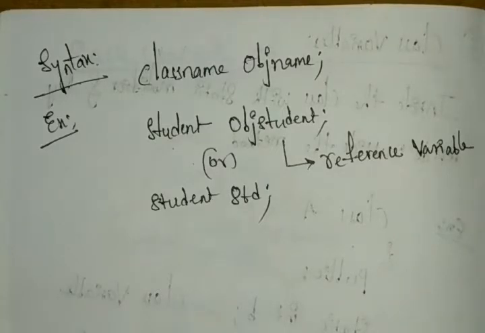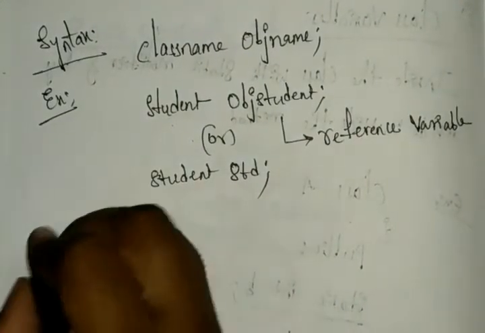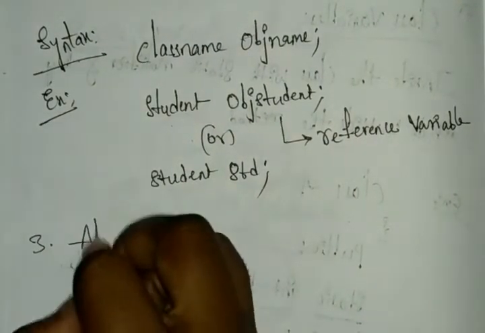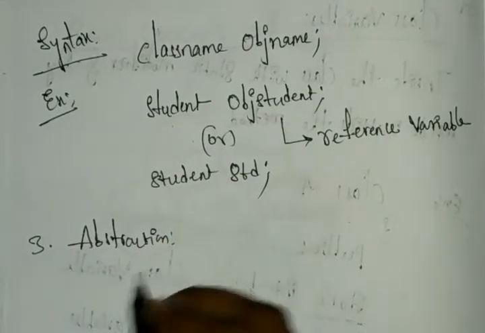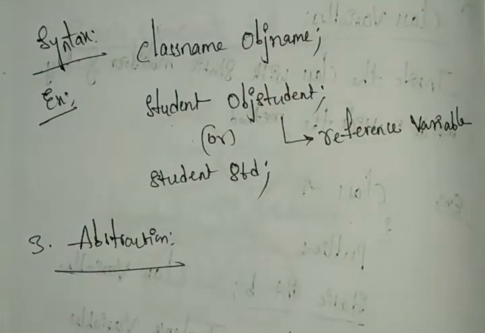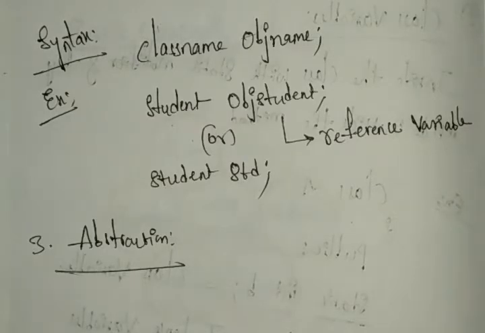And next we have the third one, that is abstraction. Third one is abstraction. Abstraction can be done in the form where you hide the implementation details and show only the functionality.